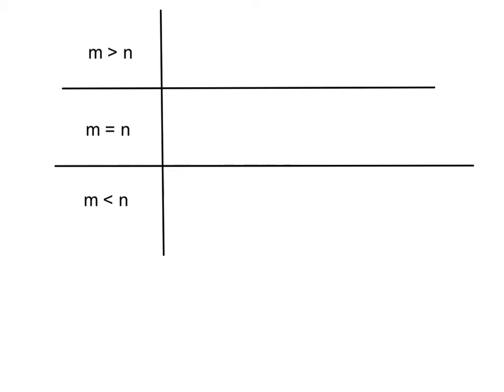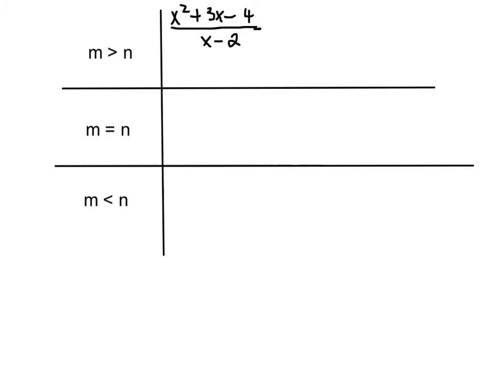We have the first type in which m is greater than n. And as I just explained in the previous slide, when m is greater than n, that means we have our numerator's exponent bigger than that of our denominator's. So that could be something like x squared plus 3x minus 4 over x minus 2.